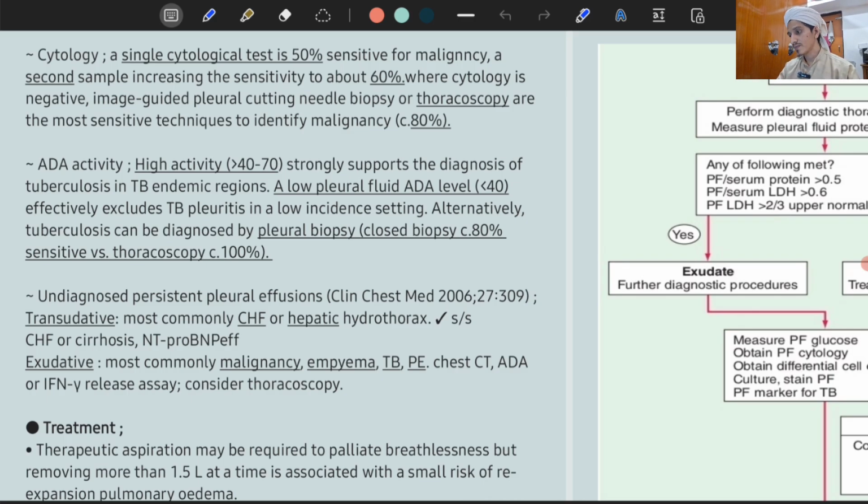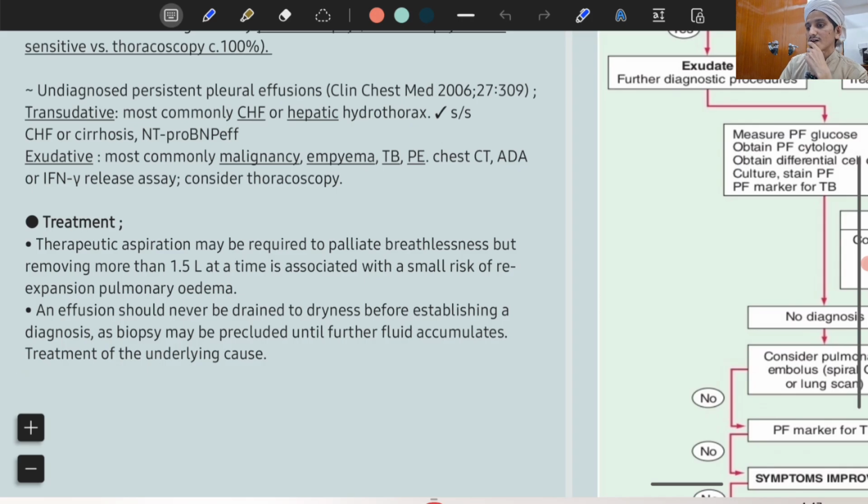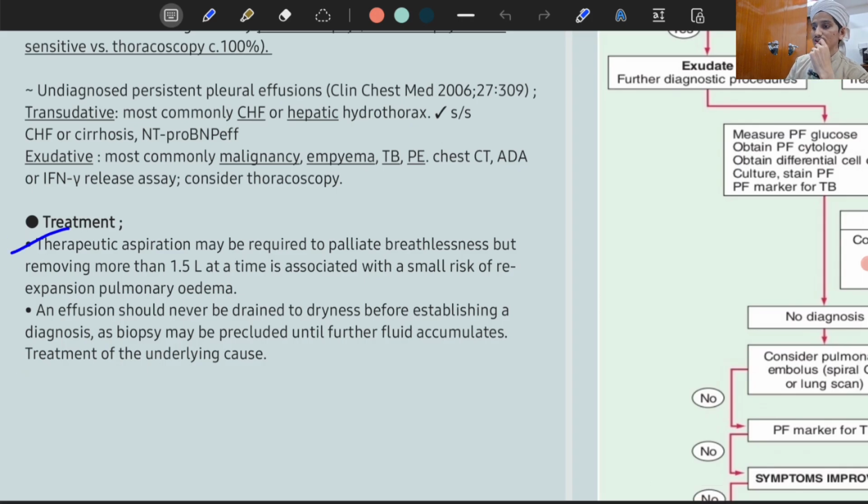Now coming to the general treatment of pleural effusion. Therapeutic aspiration may be required to reduce breathlessness, but removing more than 1.5 liters at a time is associated with a small risk of re-expansion pulmonary edema. Okay, therapeutic aspiration. Diagnostic aspiration is for diagnosis.